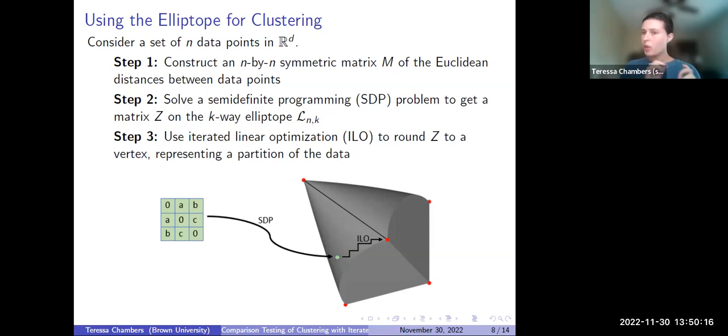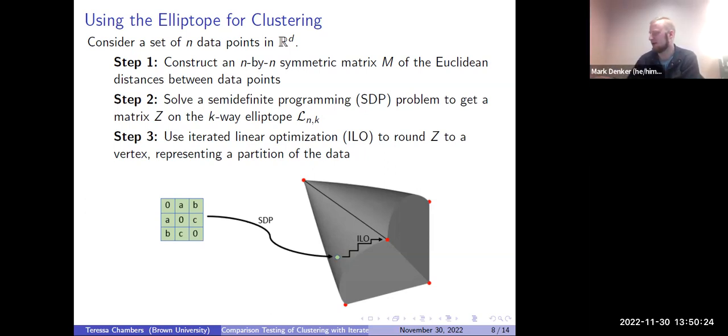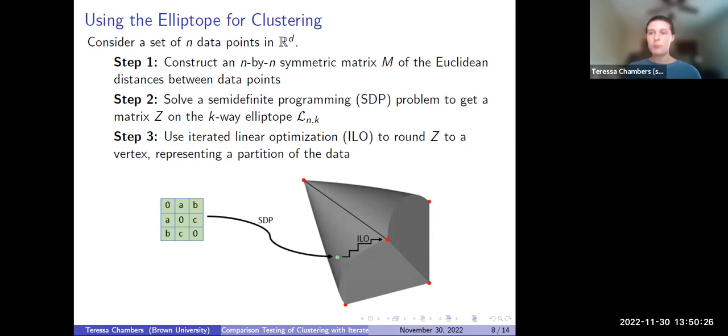But I think they're all going to be relatively close to each other compared to how close they are to this other thing. I think that might be part of the problem. But again, we can really only draw the elliptope for the n=3 case, so it's very difficult to get a handle on what it actually does at higher dimensions.